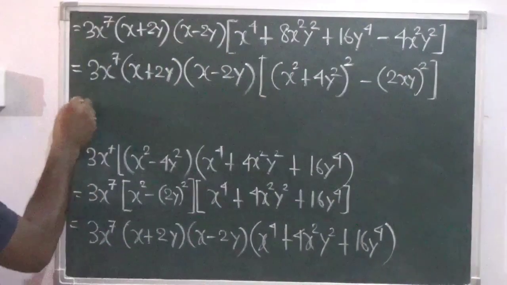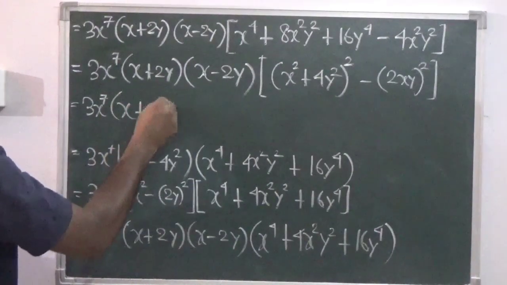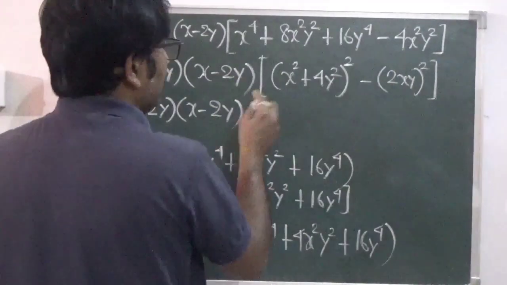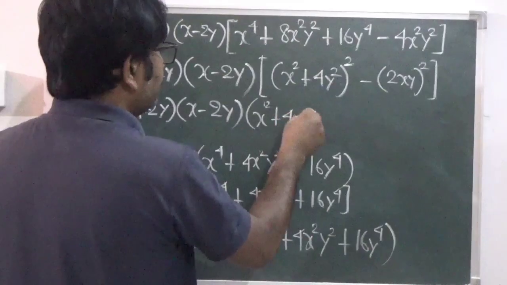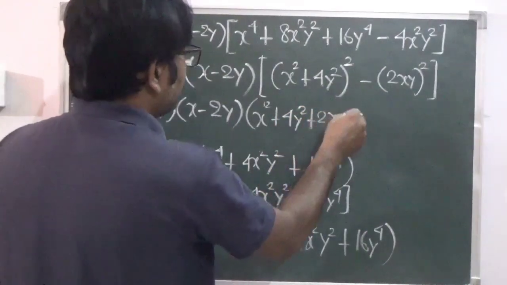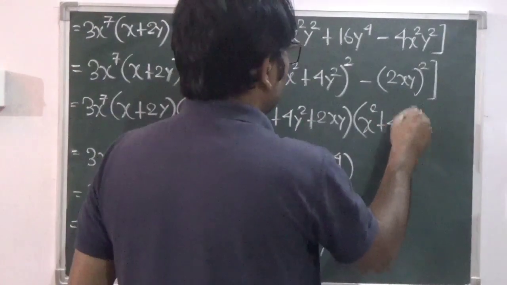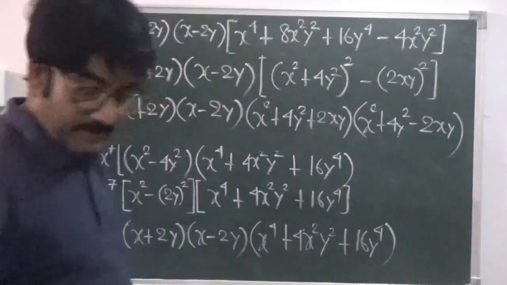So then 3x to the power 7 into x plus 2y into x minus 2y, and this is a square minus b square, so x square plus 4y square plus 2xy and x square plus 4y square minus 2xy. So this is your final answer.